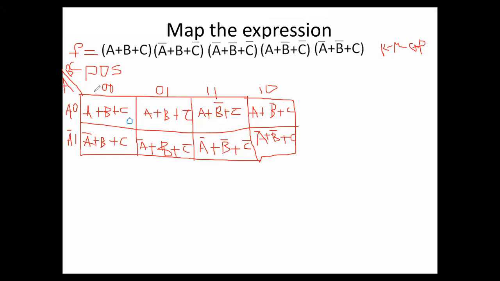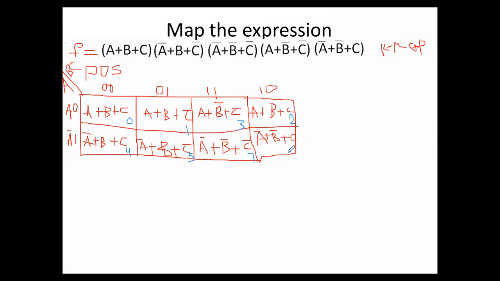0 0 0 is 0, 0 0 1 is 1, 0 1 1 is 3, 0 1 0 is 2, 1 0 0 is 4, 1 0 1 is 5, 1 1 1 is 7, 1 1 0 is 6.